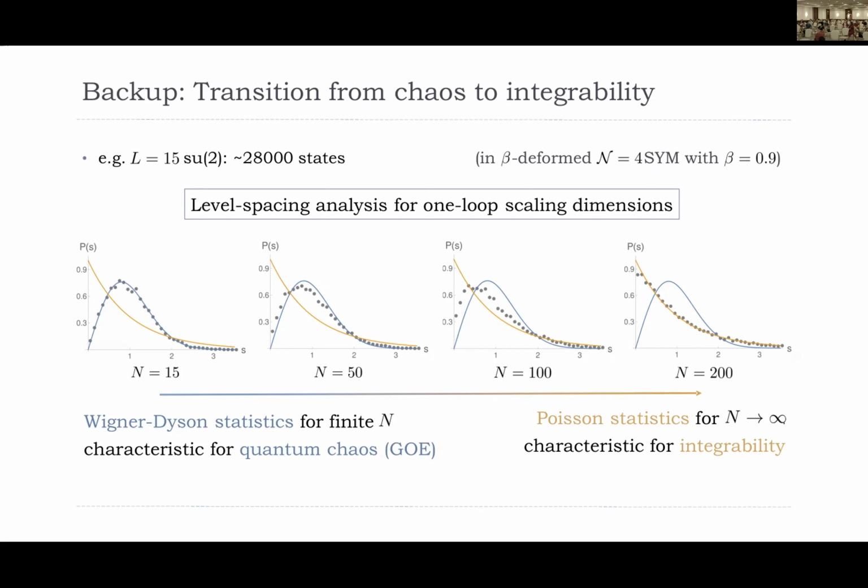There are certain interpolating functions, and you can plot it. If you're just taking the peak position of the distribution and seeing how it approaches zero, what power law behavior it has, that tells you what kind of integrability breaking you have and what kind of quantum chaos. Yeah, that sounds like it would be interesting to look at, but we haven't really looked at this transition much.